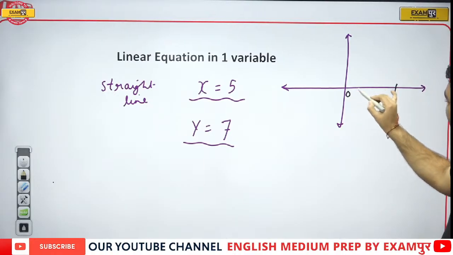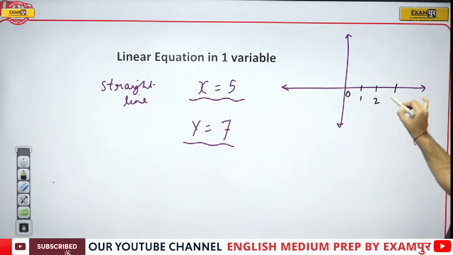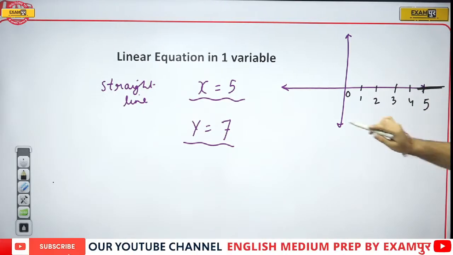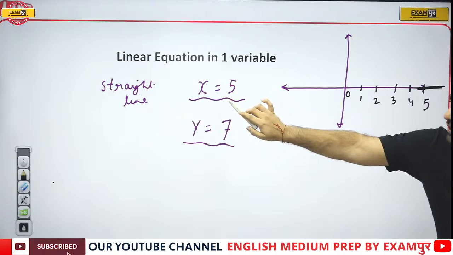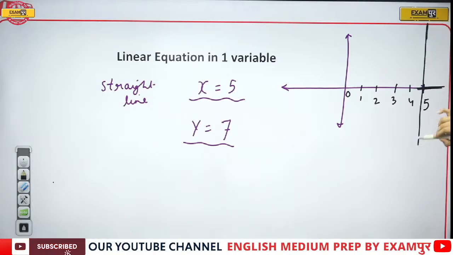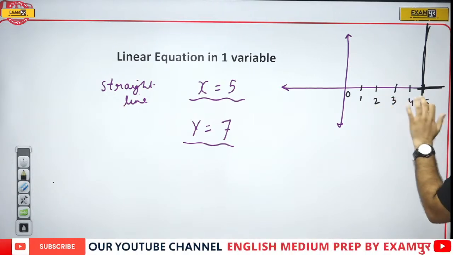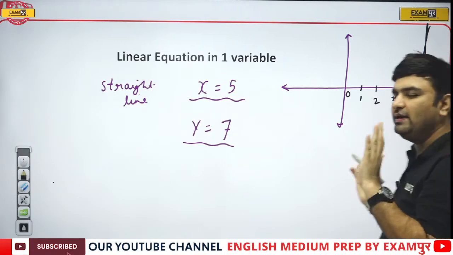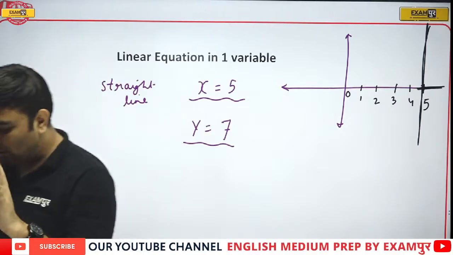So here x is 0, here it is 1, here it is 2, 3, 4, here it is 5. So a straight line where at every point x is 5. On the straight line, y is different but x is always 5.